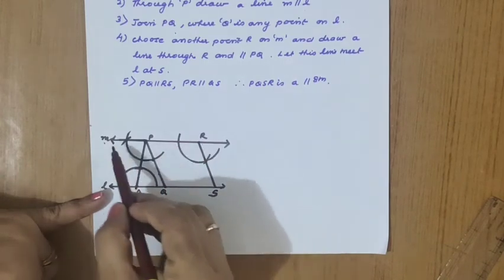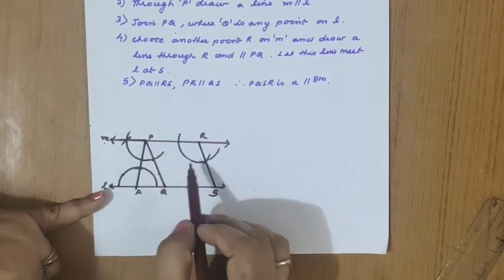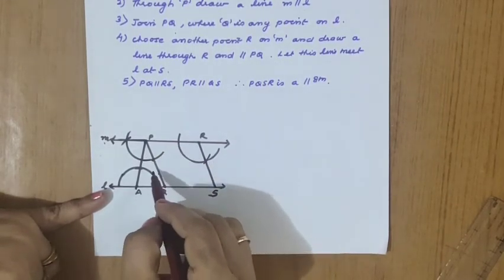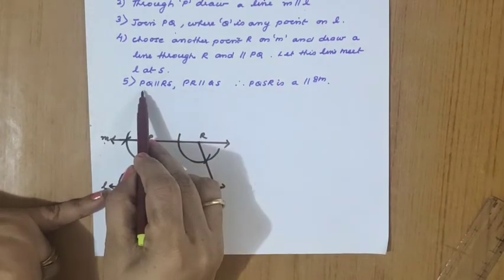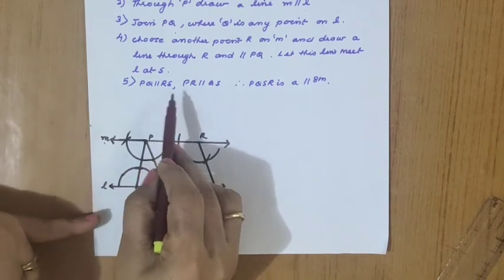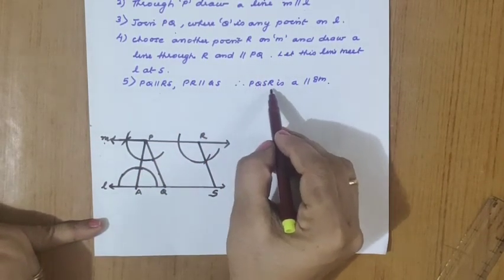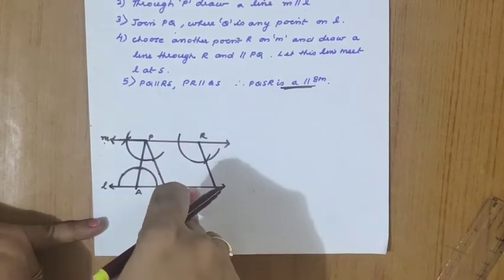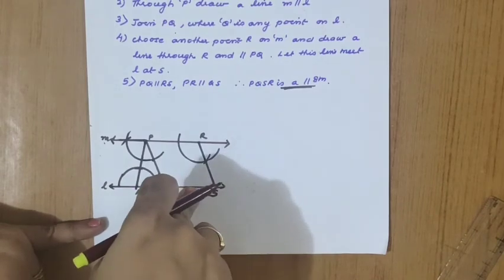PR parallel to QS, it's a part of M and L. Similarly, PQ and RS also parallel by construction. So two pairs of opposite sides are parallel. Which are they? PQ parallel to RS and PR parallel to QS. Therefore, PQSR is a parallelogram. So what is the shape they asked here? So we can say that it is a parallelogram.